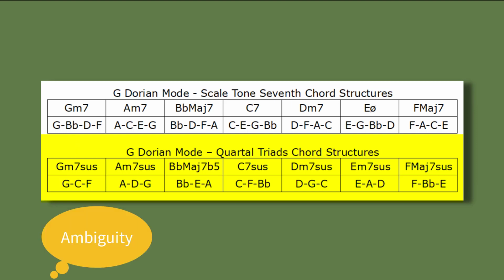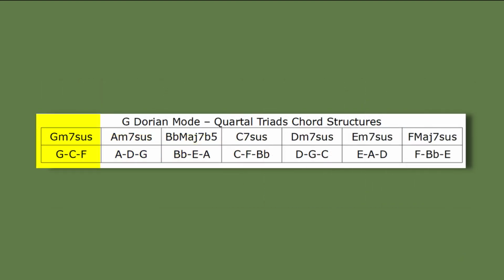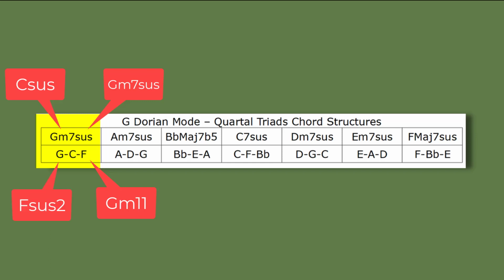There's two adjectives that come to mind when I'm thinking of words that describe quartal chords, and they are ambiguity and plurality. It's important to keep in mind that these quartal chords can have many different names depending on their harmonic environment. Take for example the first quartal triad. It could be thought of as G minor 7 sus, G minor 11, C sus, F sus 2, or G7 sus.